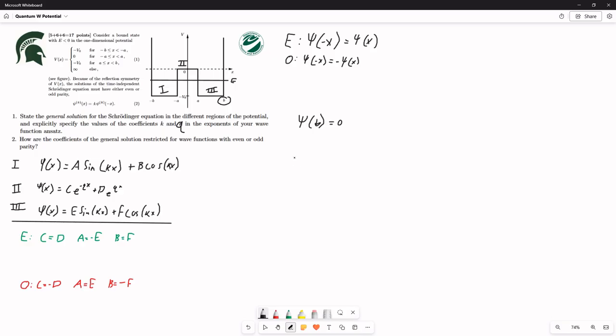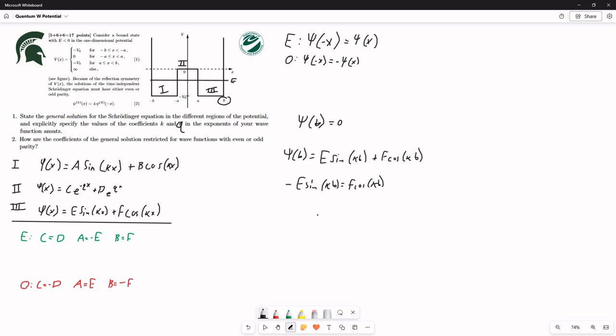If we just look at psi of b, we have e sine of kb plus f cosine of kb. Moving one side to the other, we have negative e sine kb equals f cosine kb.